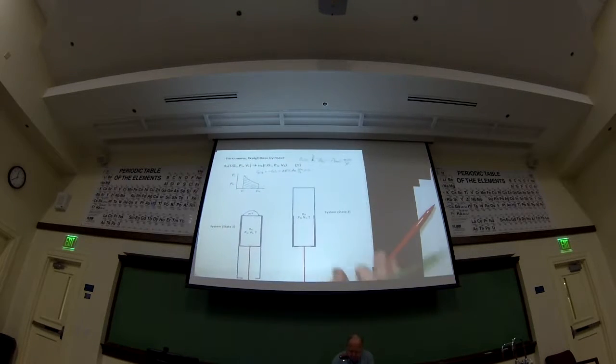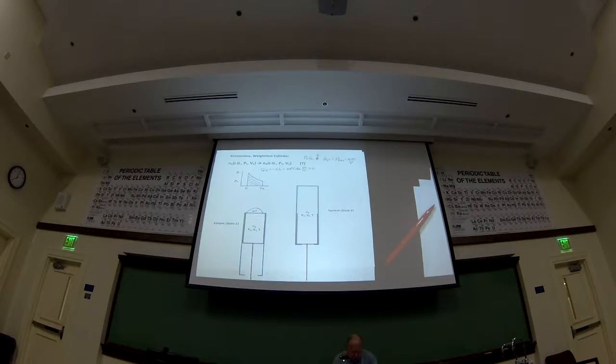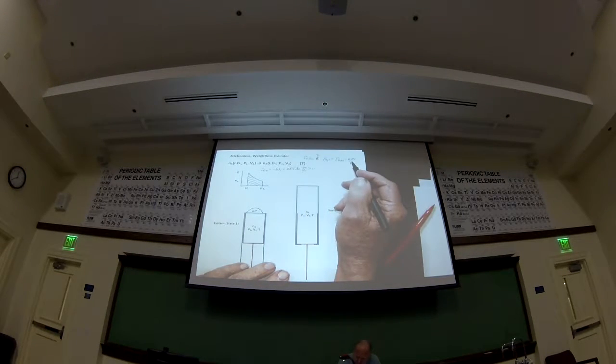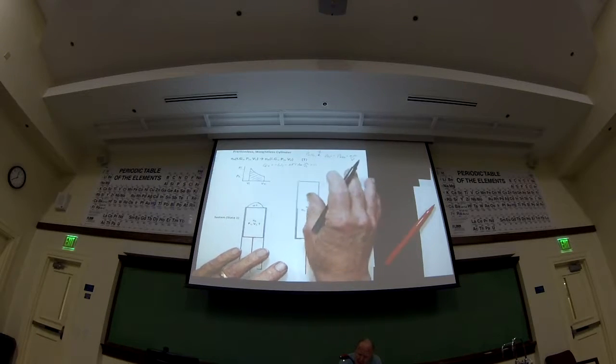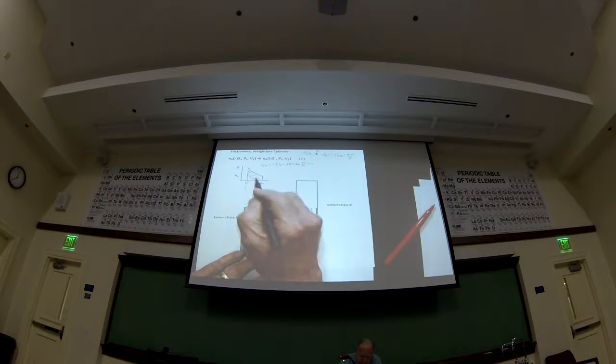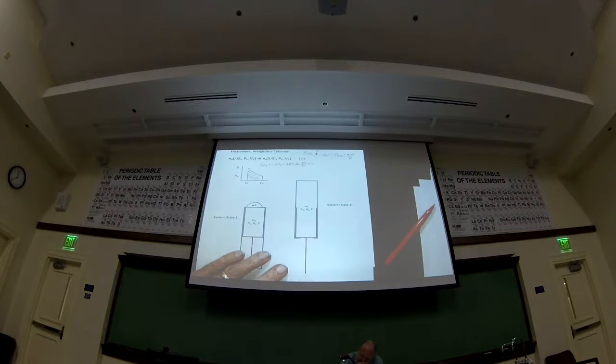Process 1, path 1, that's our reversible process, and that's what we really want to understand pretty well. So the applied pressure is the gas pressure. Now, I imagine that the heat work effect is related to the area under that Boyle's law curve.